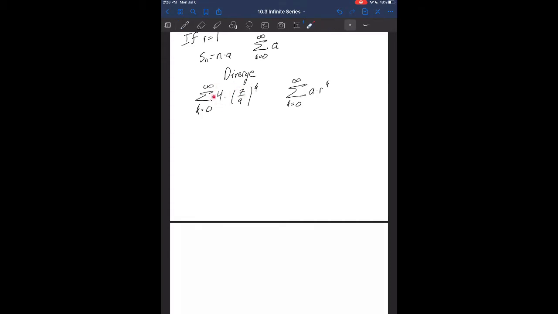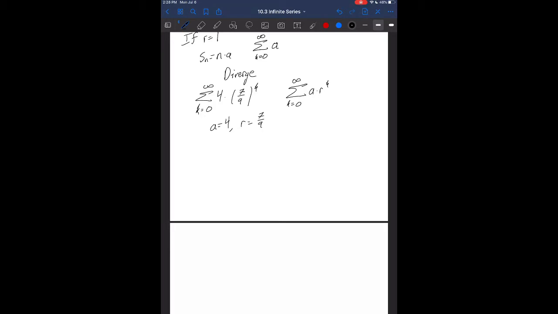Well, if we match what we see on the left-hand side with what we see on the right-hand side, we're going to see that we have a as 4 and r as 7/9. Since we know that the absolute value of r is less than 1, it's 7/9, we know that this series is going to converge.